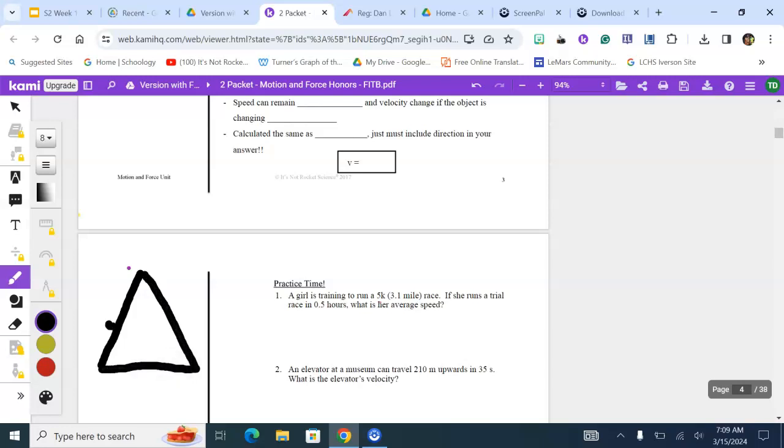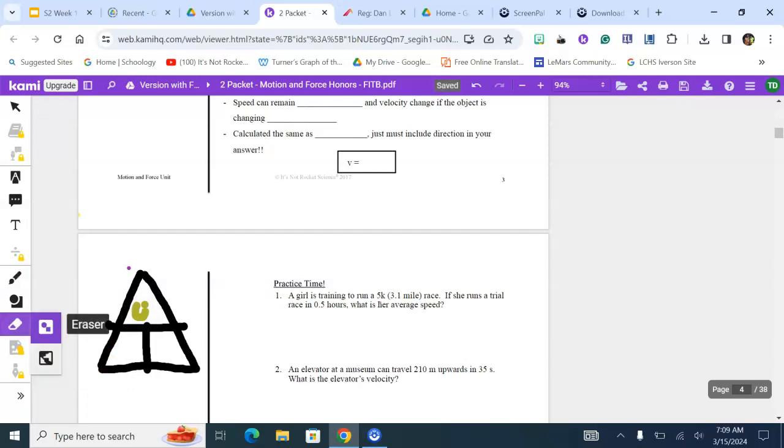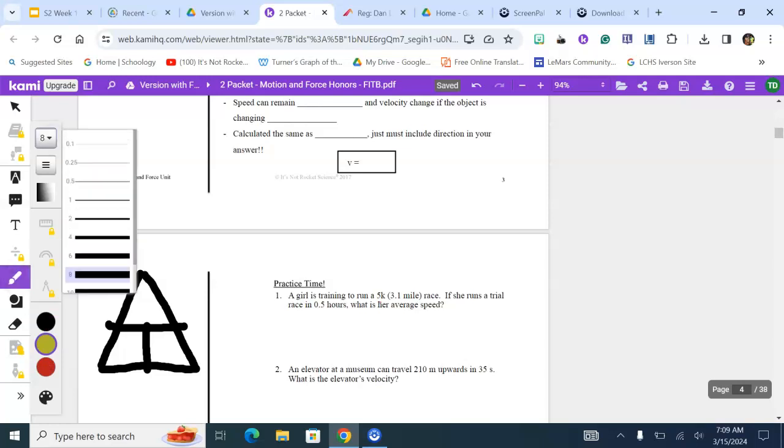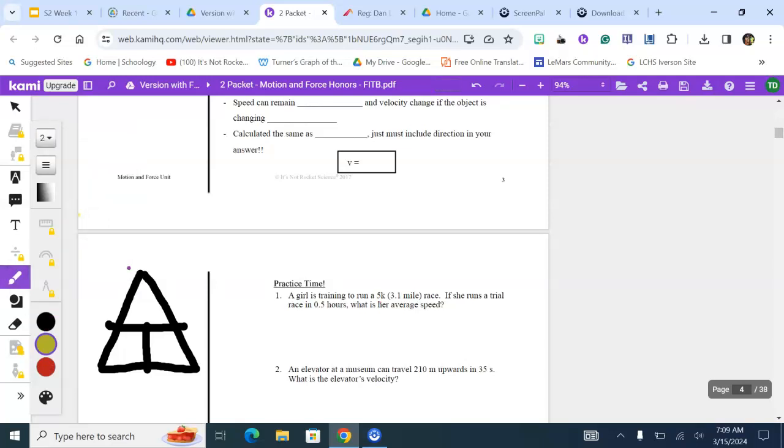And this is a handy dandy little triangle that we can use in order to rearrange all of our variables. So if you're watching what I'm doing here, or you can copy it on the screen, you're going to set up a triangle. Distance is going to be up top.